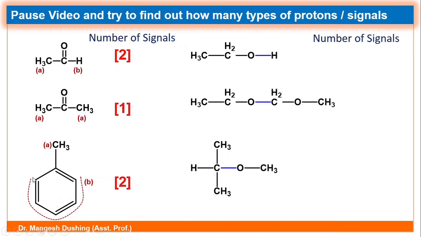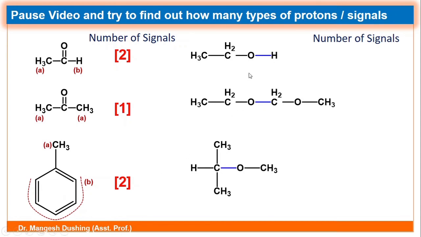But for TYBSc, we consider all three as equivalent. So one is CH3 and one is aromatic proton. So there are two types of protons. The answer will be 2. If you are considering ortho, meta and para, then there will be 1, 2, 3 and 4 types of protons. So if you write 2, it's also correct here. If you write 4, that will be more correct.